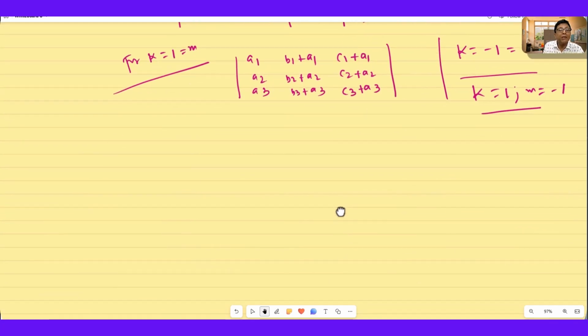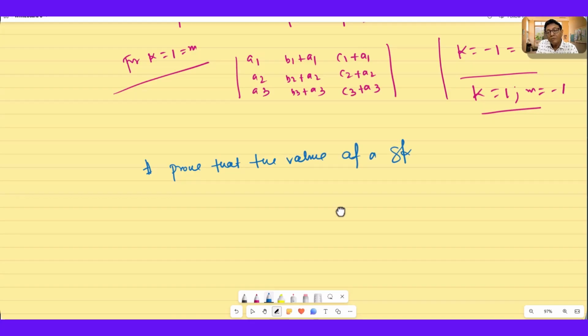I am stating this manner. Prove that, this is like a theorem. Prove that the value of a skew symmetric determinant of odd order is always 0.